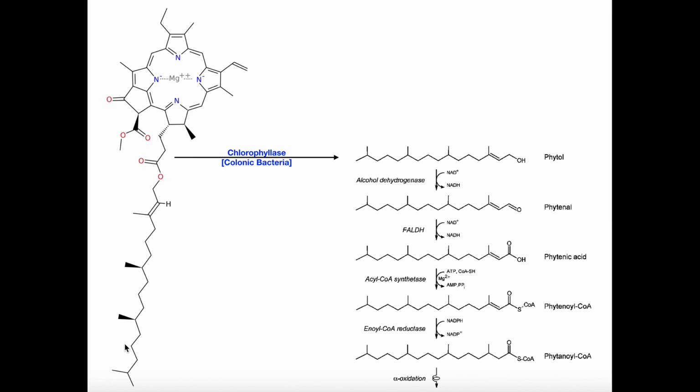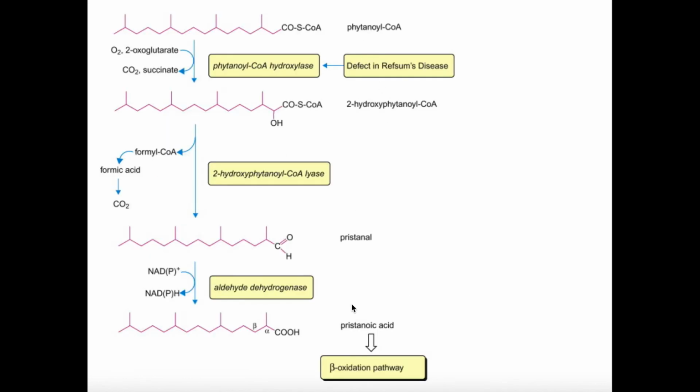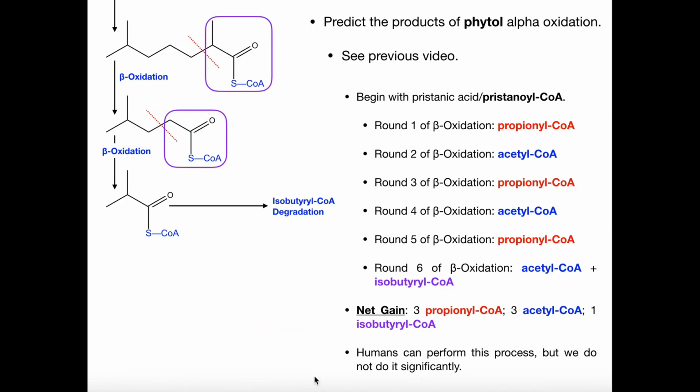Those organisms are going to intake a lot more chlorophyll than we would, so they're going to perform this process, so phytol development into Pristanoyl-CoA, and then subsequent alpha oxidation to give pristanoic acid. It's not to say that humans can't do this, but we don't do it significantly because we get a lot more of our nutrients from animal products because we are omnivorous creatures, and then unfortunately a lot of processed foods.